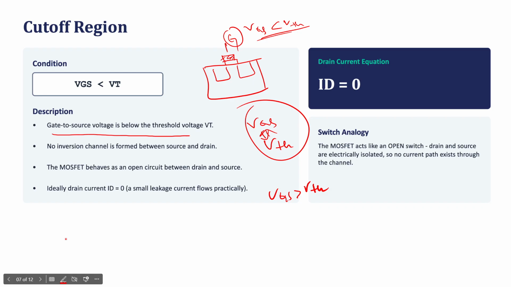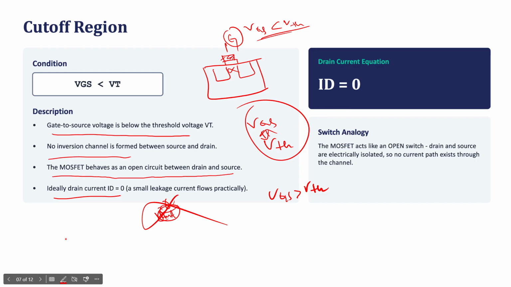So there is no flow of current. No inversion channel is formed. There is no channel between source and drain, and the MOSFET behaves as an open circuit between the drain and source. So it acts like an open switch. Ideally, drain current ID is equal to 0. Practically speaking, there is some leakage current, very small, around 10 power minus 10, minus 6 milliamp.